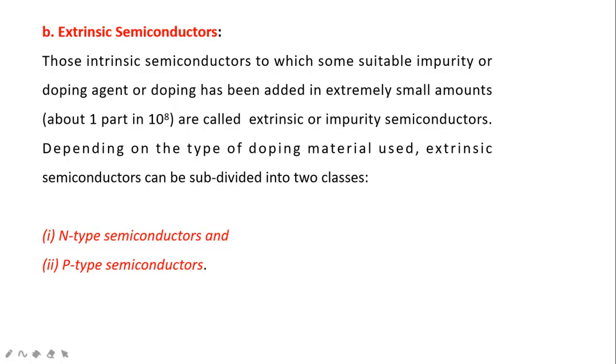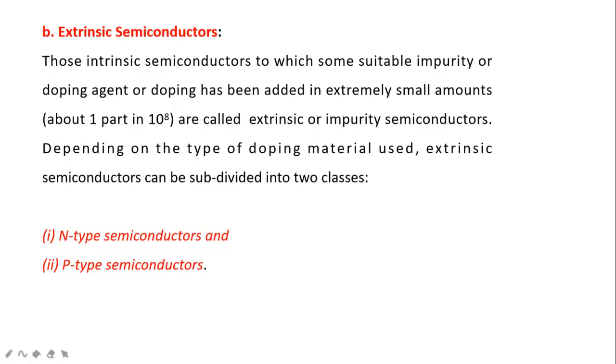Pure semiconductors have uncontrolled conductivity. We want to tune the properties. We want to make use of these semiconductors in our daily life. We want to use them in applications. That is why we dope some external material and make them extrinsic semiconductors, and we may increase conductivity by doing this.